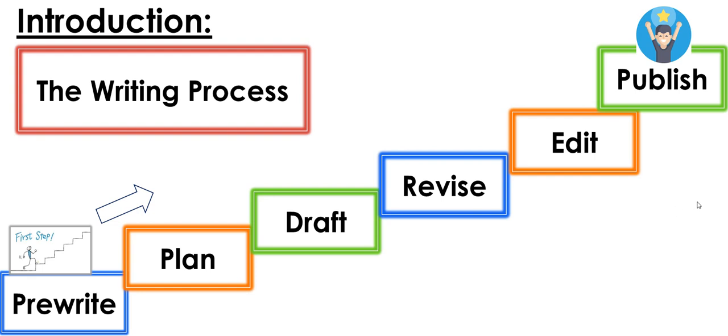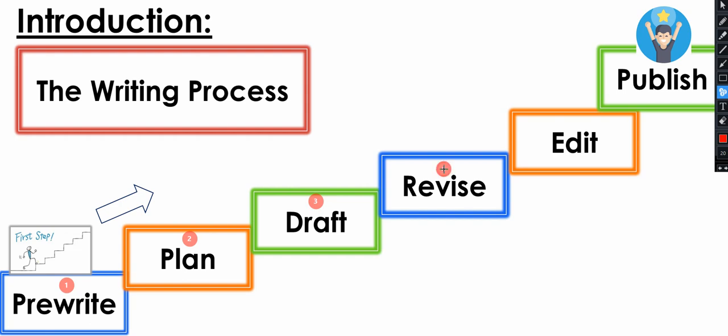So here is the writing process. We have how many steps? How many steps do you see? From down going up. We're going up the steps like this boy. The first step is the pre-write. That is step number 1. Step number 2, plan. Here is where we plan. Step number 3 is the draft.